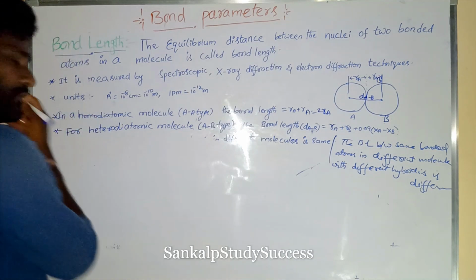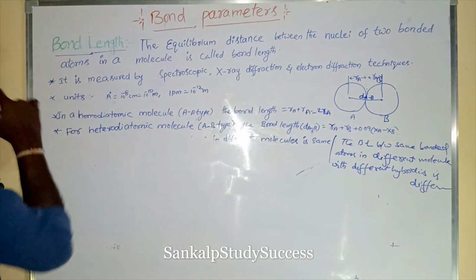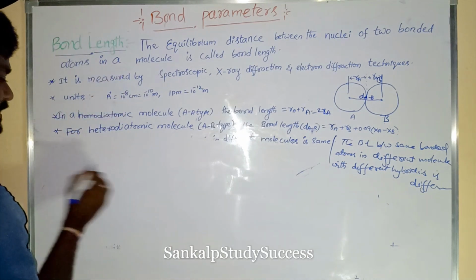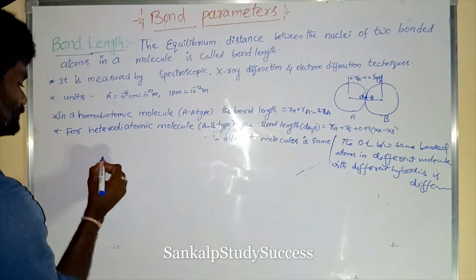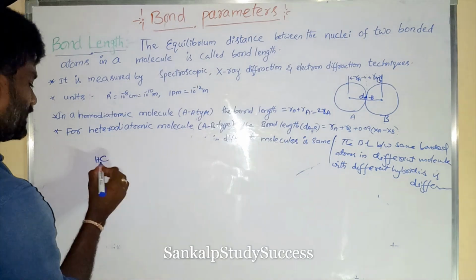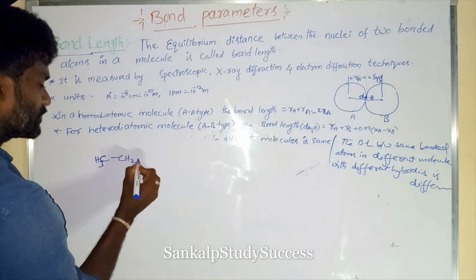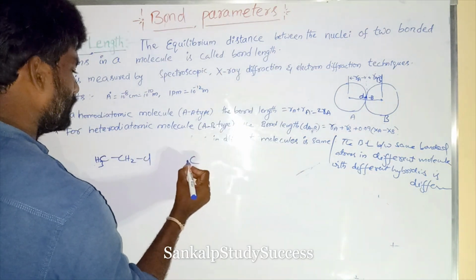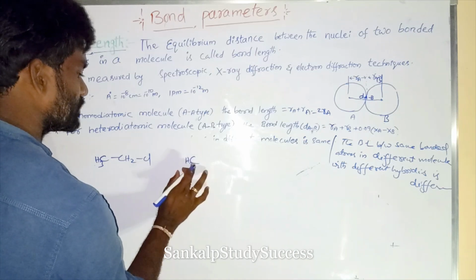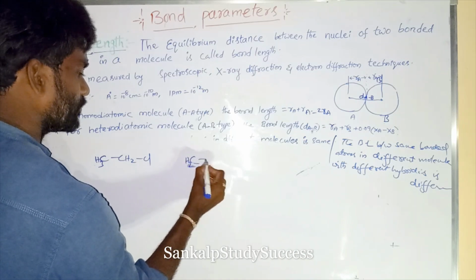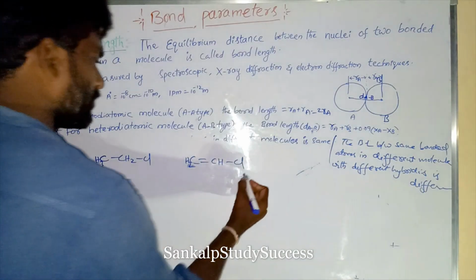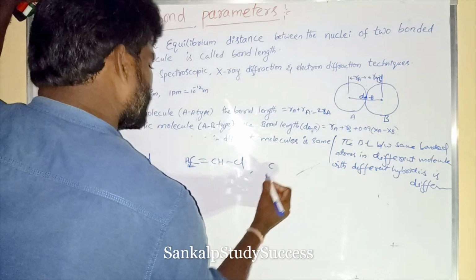So for example, resonance also affects the bond length. We can take some molecules like CH3CH2Cl. Now another molecule, CH3CH=CHCl.